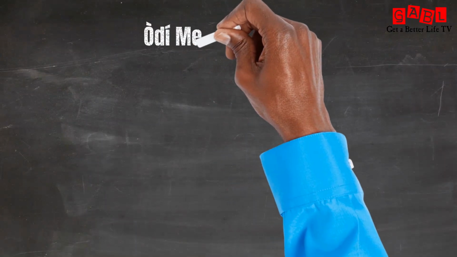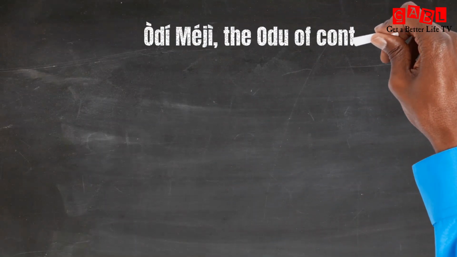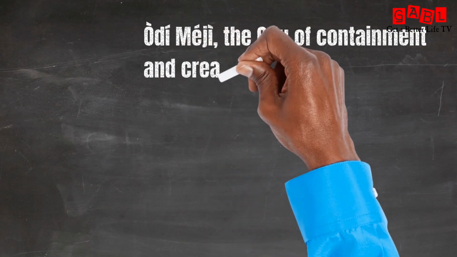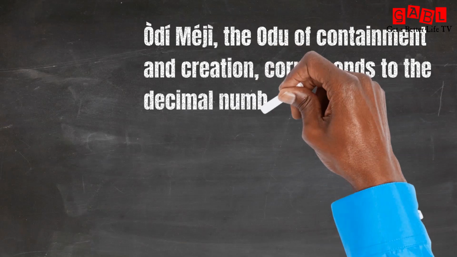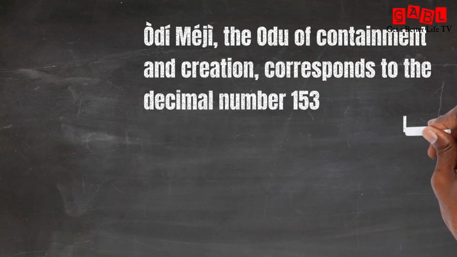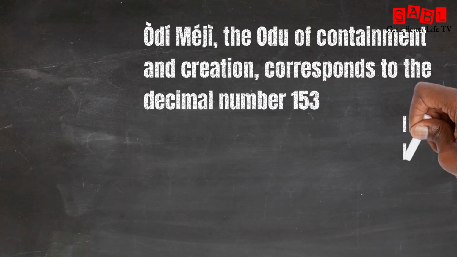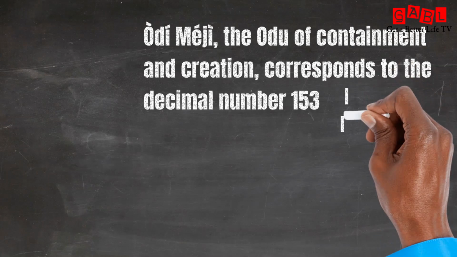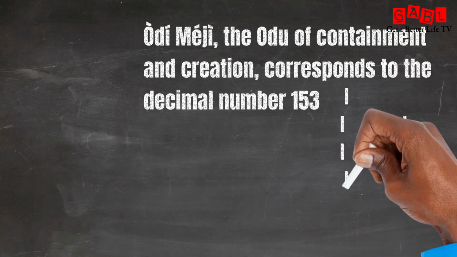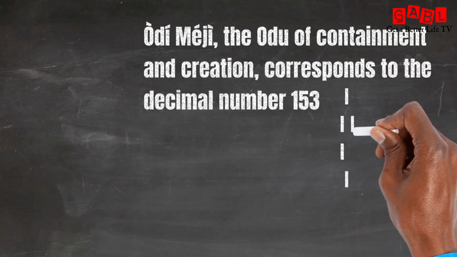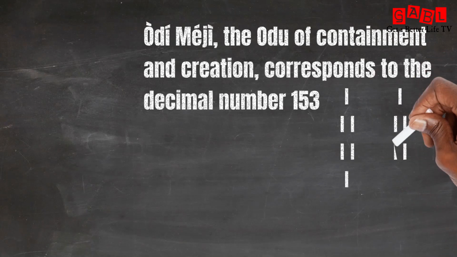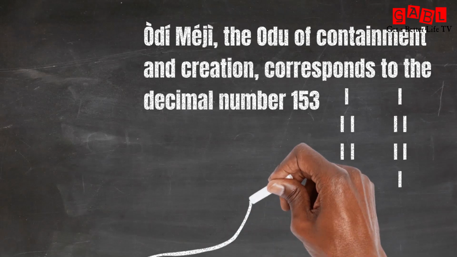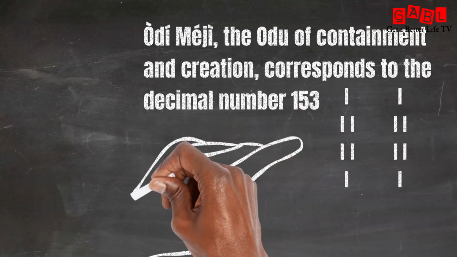So, Odi Meji, the Odu of containment and creation, corresponds to the decimal number 153. Its symmetrical pattern of single lines at the top and bottom, embracing double lines in the middle, beautifully reflects its numerical identity. Each Odu we decode reinforces the incredible logical design woven into the ancient wisdom of Ifa.